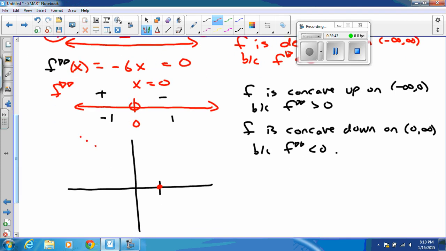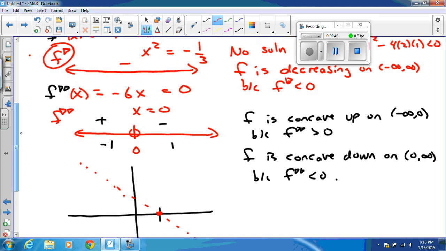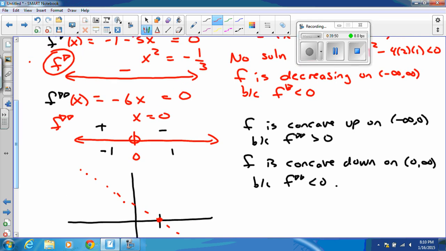We'll go back to the top here. We have no domain restrictions. We have a single zero at x equals 1. So our graph of f is going to show the point 1, 0 at x equals 1. It is going to be decreasing on its entire domain, so its general shape is going to be in this direction, going through x equals 1.